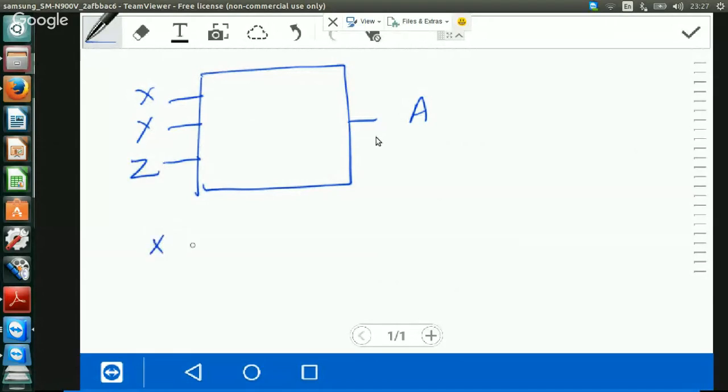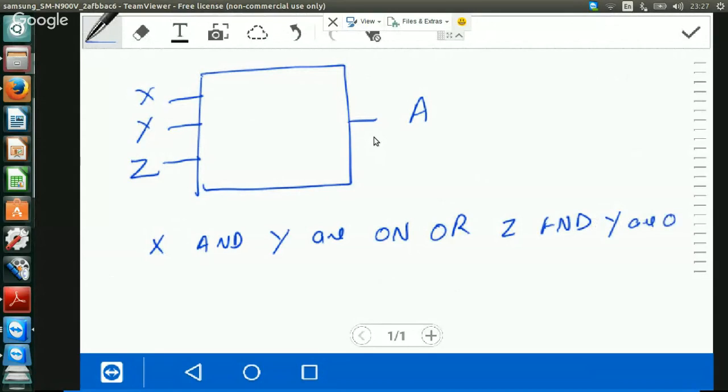For example, like X and Y are on, or Z and Y are off.